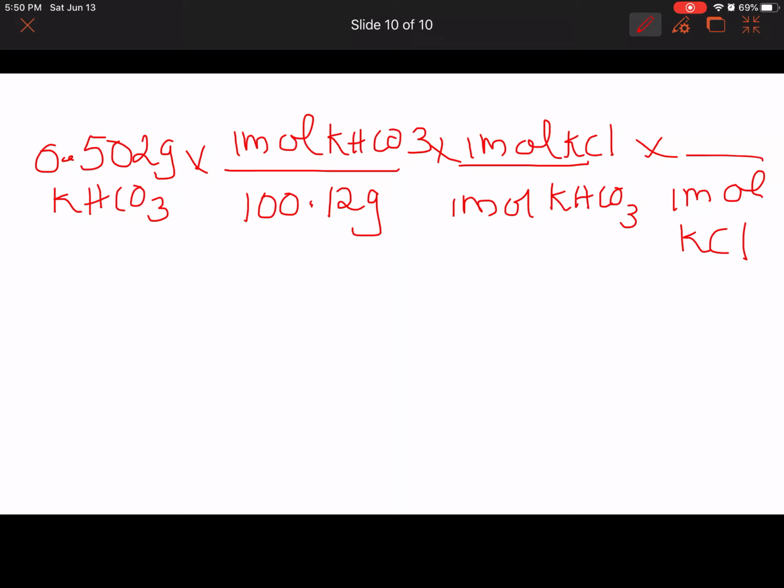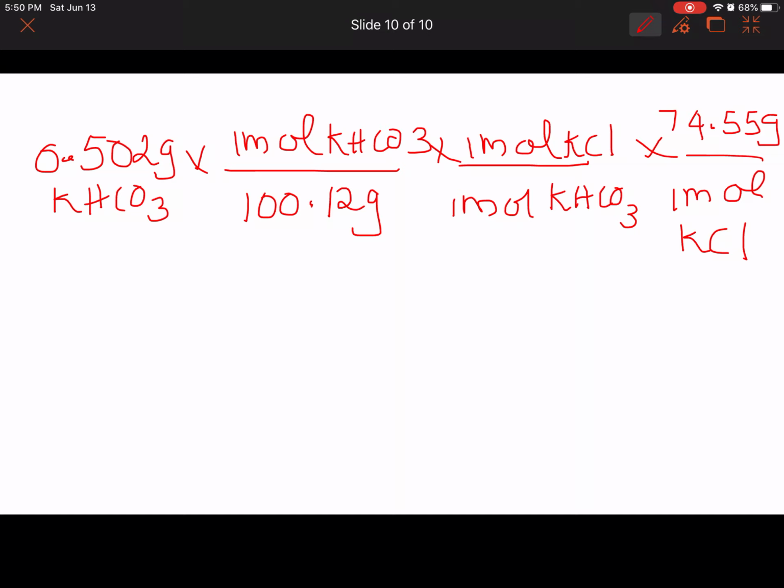I'm going to take a risk this time. I'm not going to do it with my head. Sometimes the head goes weird. Like this, 74.55. Potassium chloride, molar mass 74.55 grams. So potassium is 39, chloride 35.45.